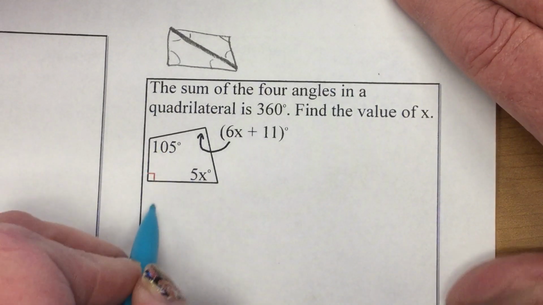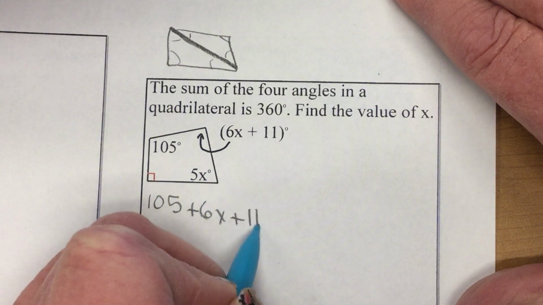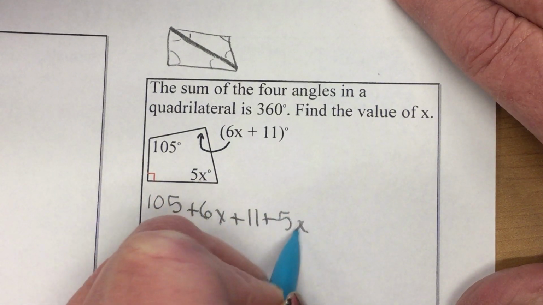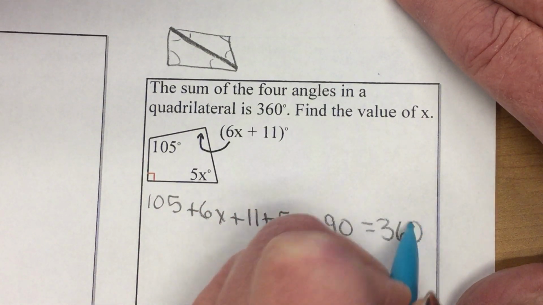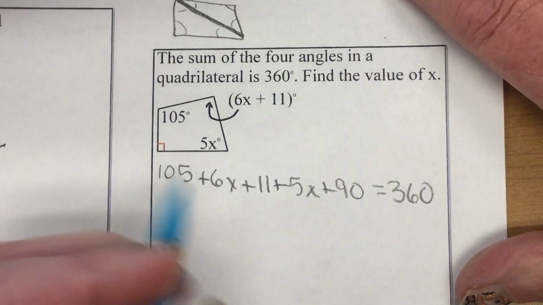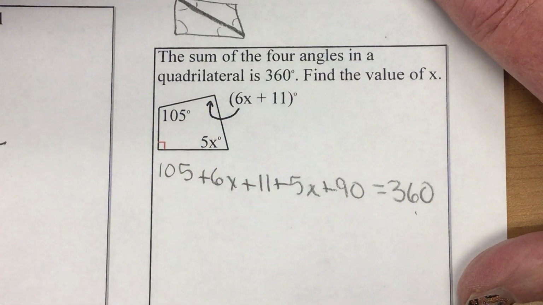So, 105 plus 6x plus 11 plus 5x plus 90 equals 360. The four angles will add up to 360.